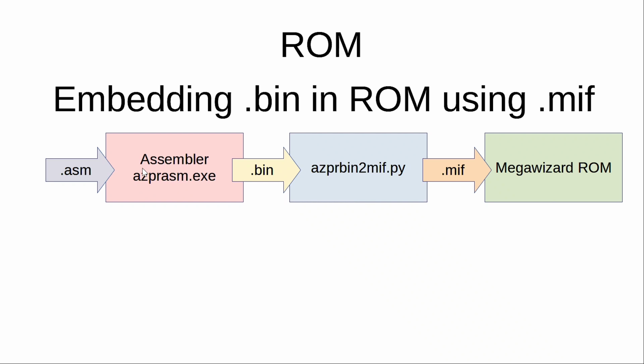We can pass it to the provided assembler to produce the binary file. And I've written tools in Python to convert the binary into the MIF file usable by Quartus. And using this MIF, we can embed it in the Mega Wizard ROM. Let's see how to do it.